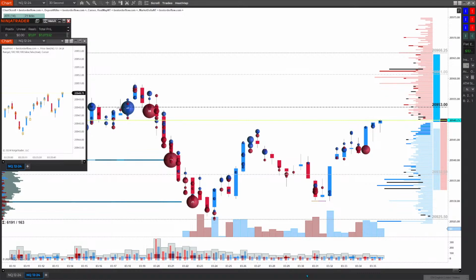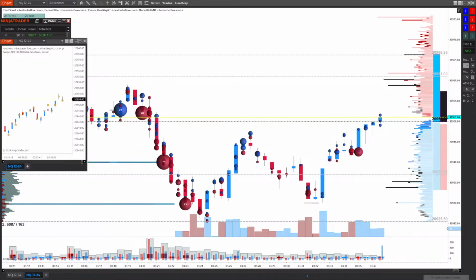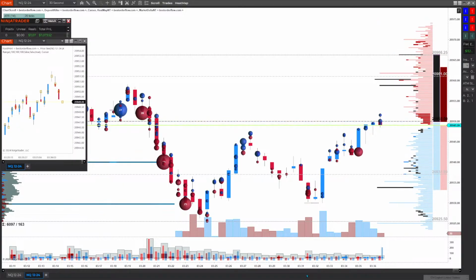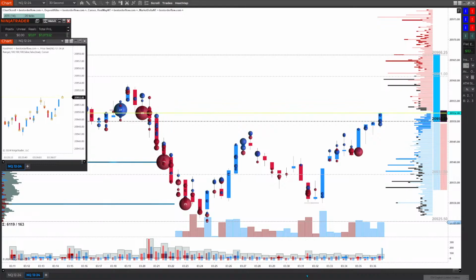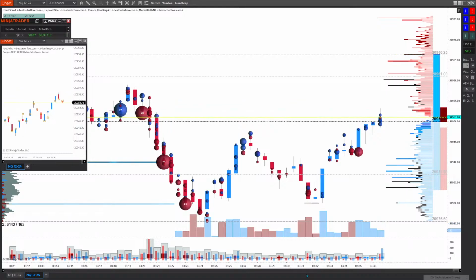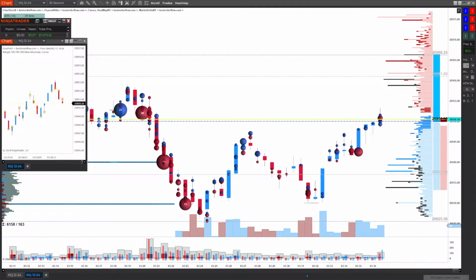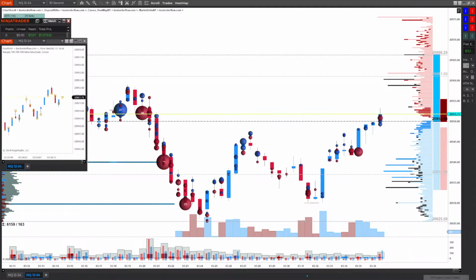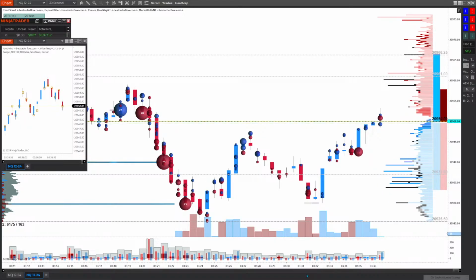That is one of the reasons why Ninja is not pushing their own version of the Bookmap, called the Heatmap, for the paid version on Ninja. What you're seeing right now, yes, I do have a paid version, but I don't think that people need to buy the paid version, because the Heatmap in NinjaTrader simply sucks from many perspectives.